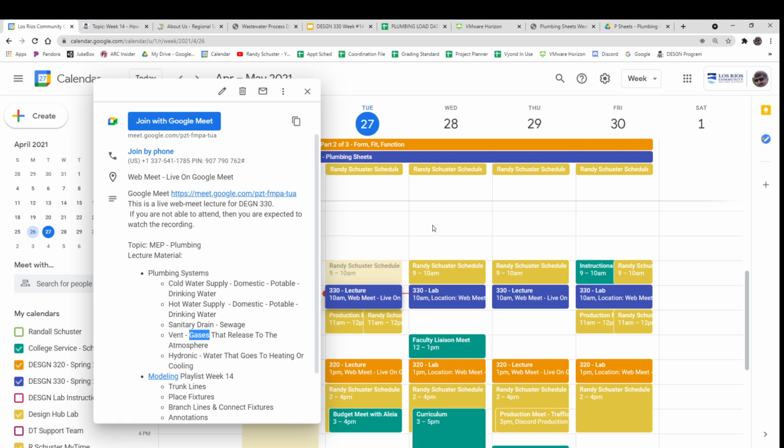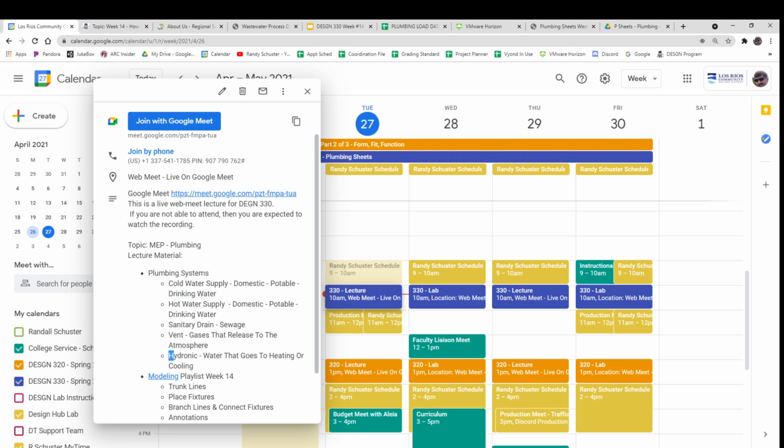But if you just let the gases build up, there will be enough pressure that your water will never drain. So there's usually a vent somewhere that goes up through the roof and into the atmosphere so that your gases can escape. It also keeps gravity flow going so that you can't just get a little trap of a pressure trap there. Okay, so there's vent, and we're not talking about the vent either.